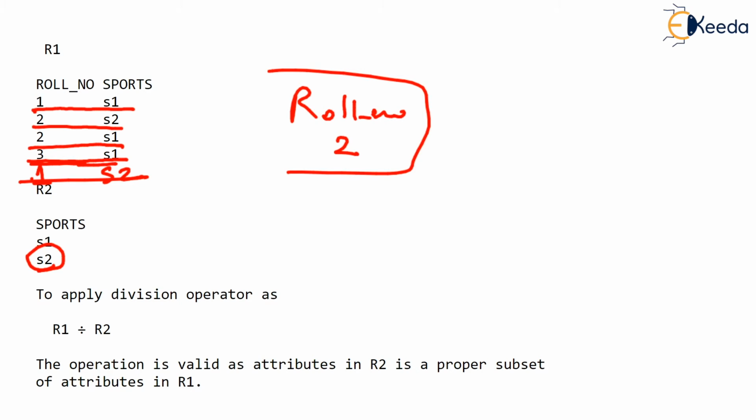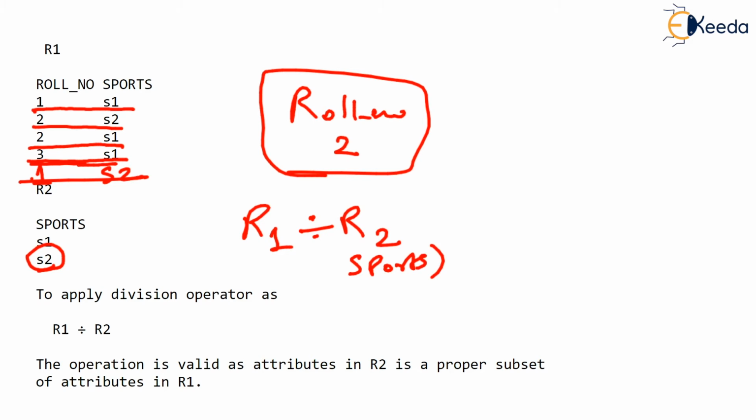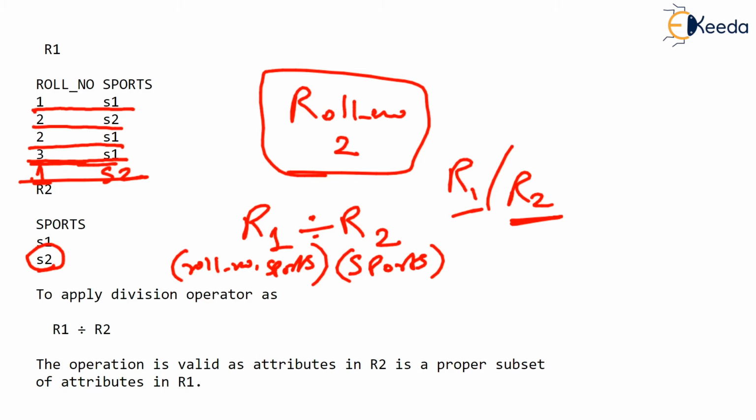That will be done by doing R1 divides R2. Come again, is this possible? Yes. Check that R2 contains only one column, sports, whereas R1 contains roll number and sports. Clearly notice R1 divides R2 requires R2 to be a subset of R1, and clearly sports is a subset of roll number and sports.